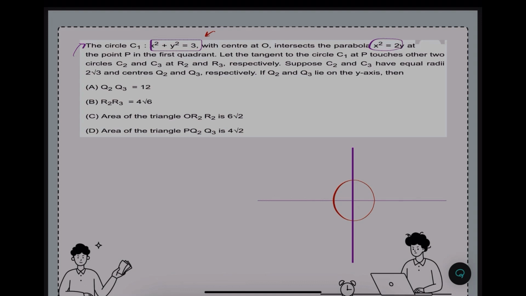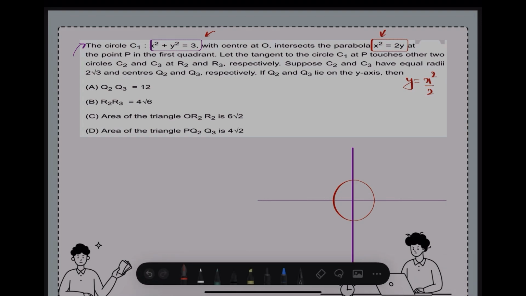Now look at this. It intersects the parabola, so you have a parabola. It is x square by 2. So you know that it will be an upper opening parabola because its leading coefficient is positive. Means you can write this as y equals x square by 2 using the concept of quadratic function. You can draw its graph.